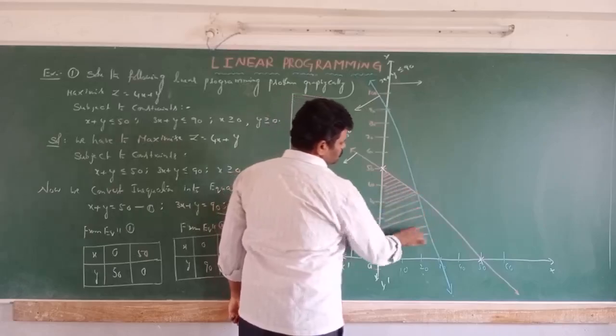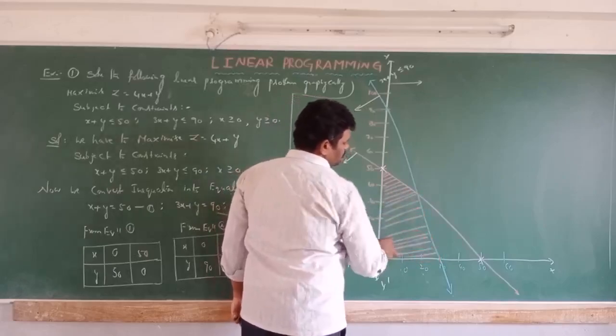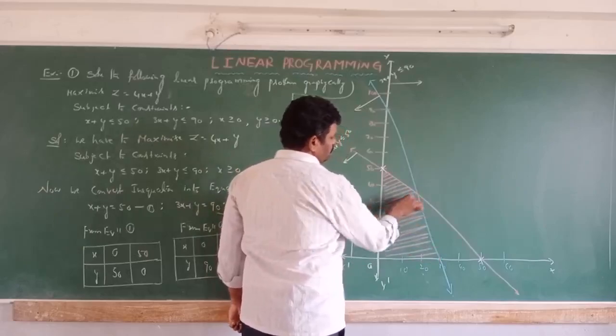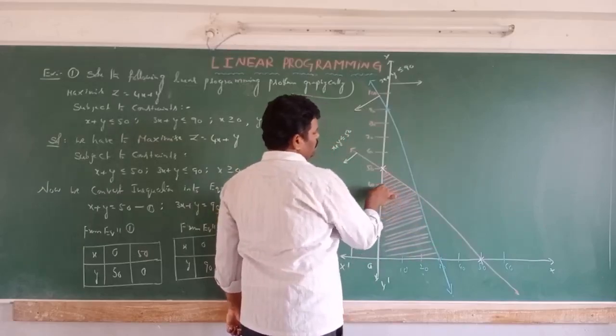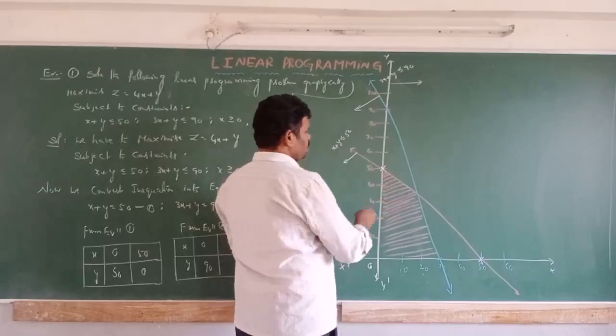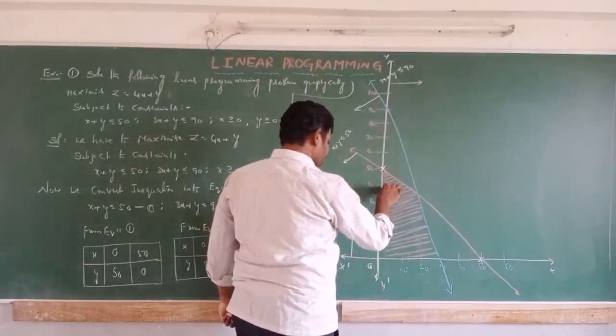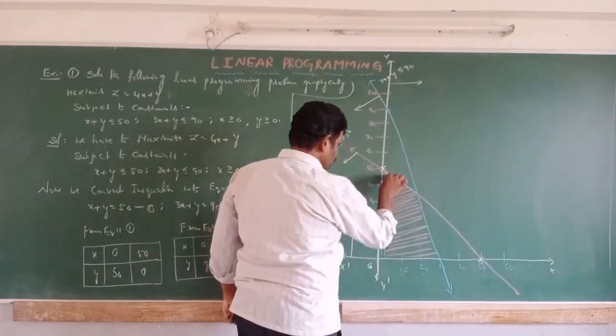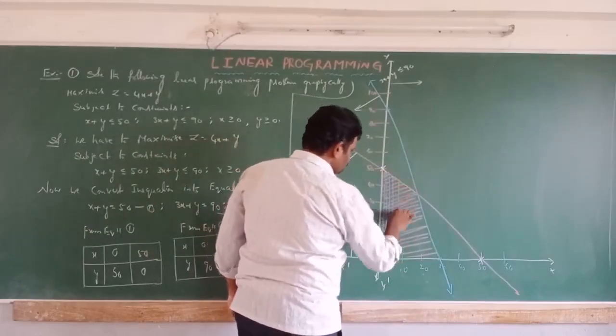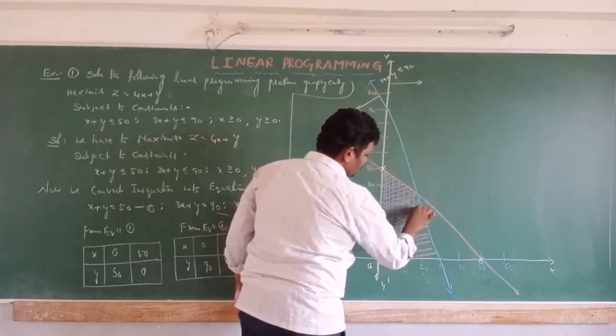This portion represents the shaded region of the given data. So this is the feasible region.